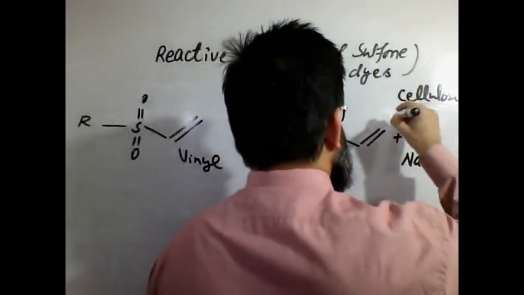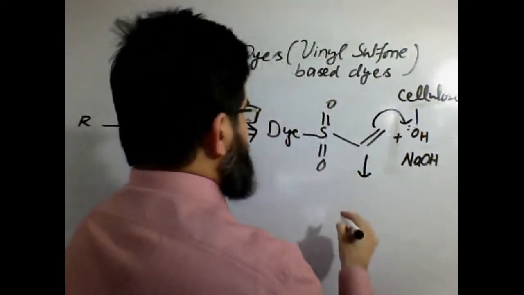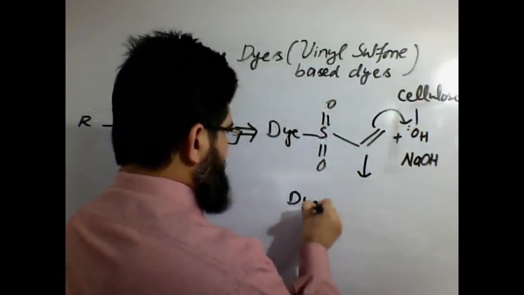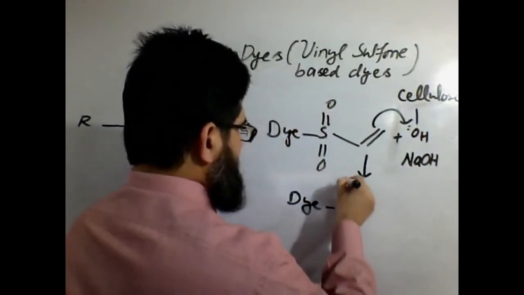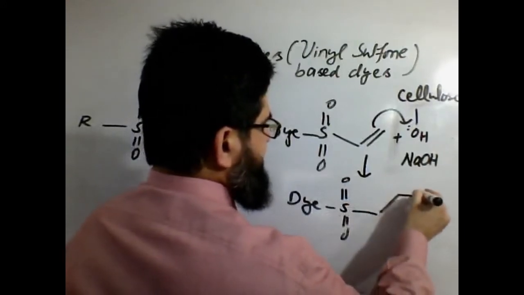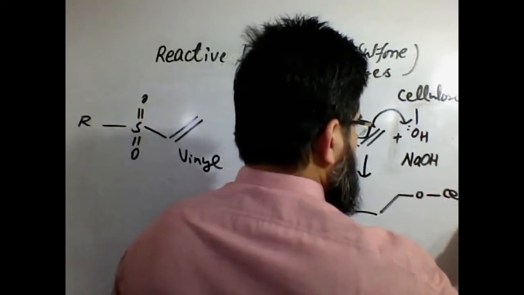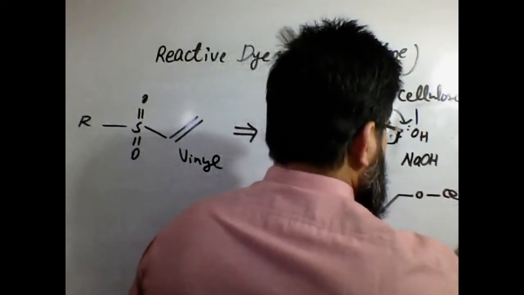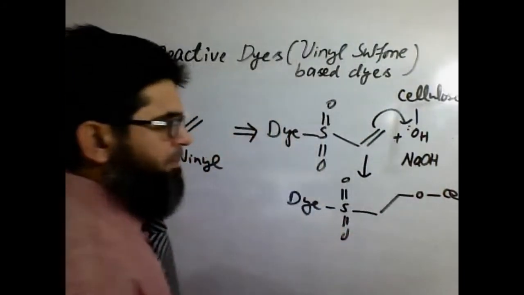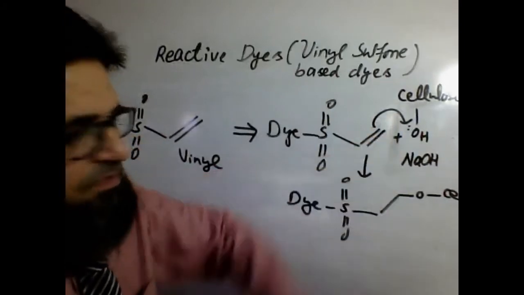Then the reaction takes place over here, and the subsequent addition of a proton results in the formation of something like that. It's a cellulose. So this vinyl functionality has reacted with the cellulose.